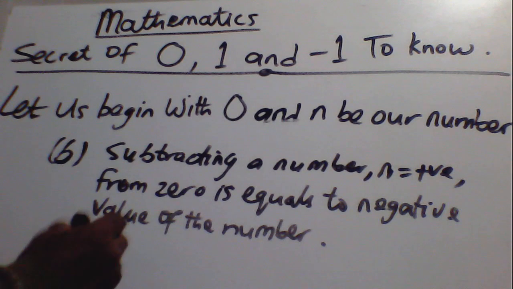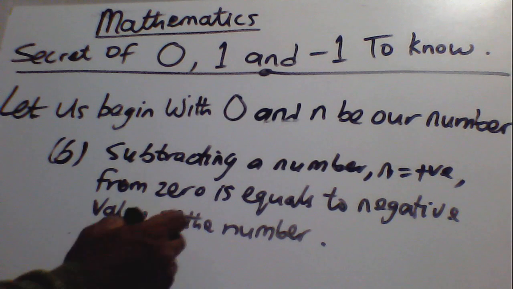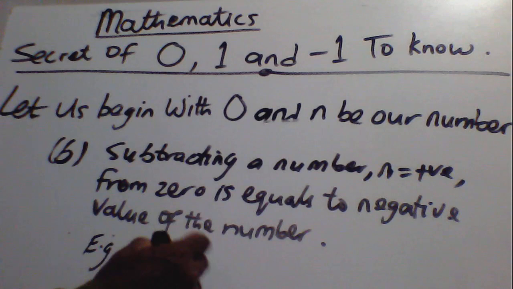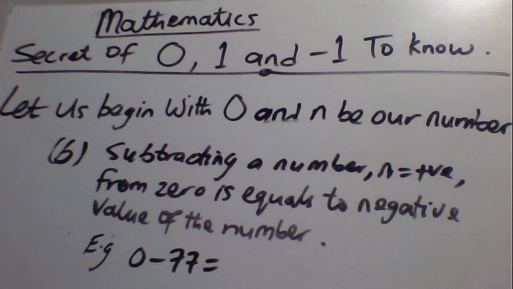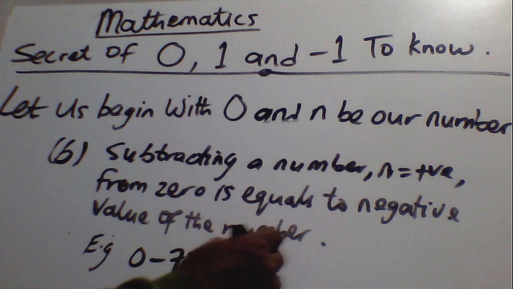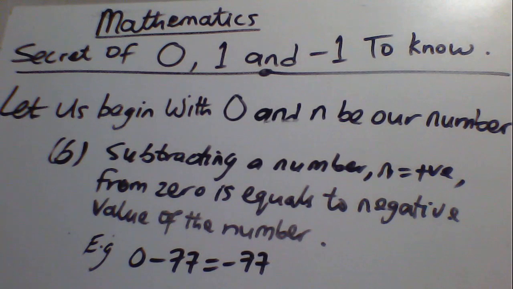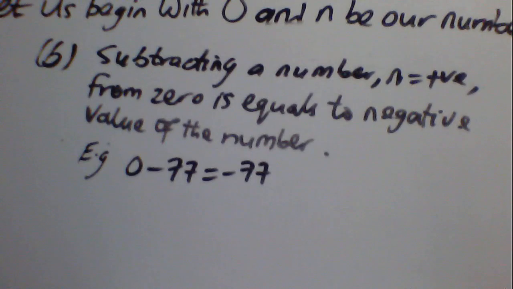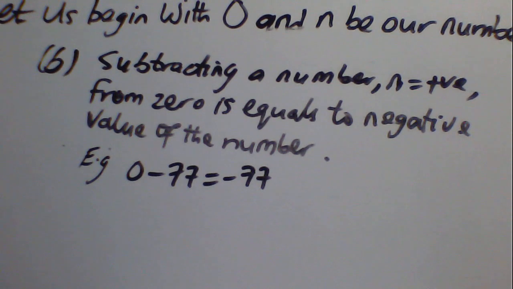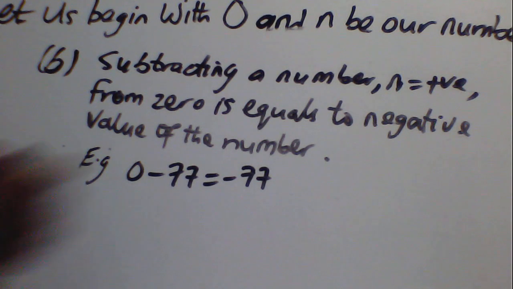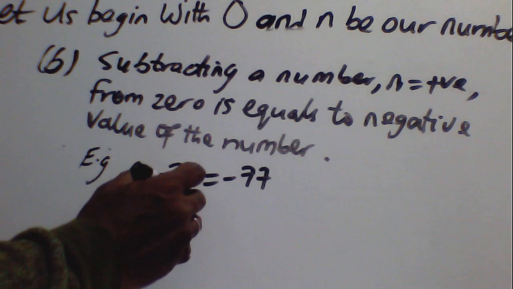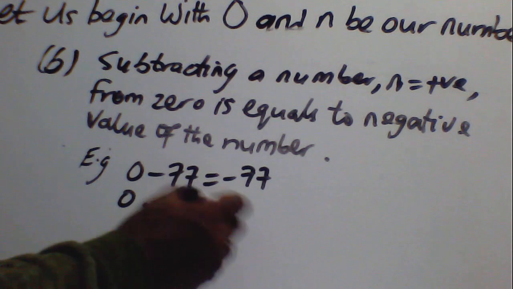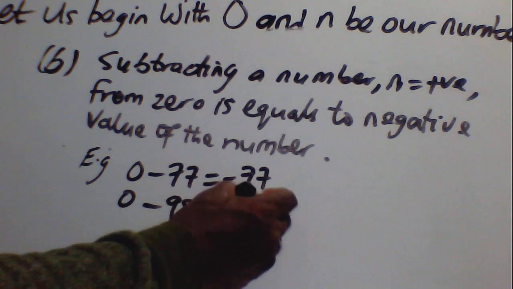So, example, we have 0 minus 77. So we have what? Minus 77. Is it not? Based on the sentence, 0 minus 77, we have what? Minus 77. That is the negative value of the number. Again, 0 minus 98 is equal to minus what? 98.